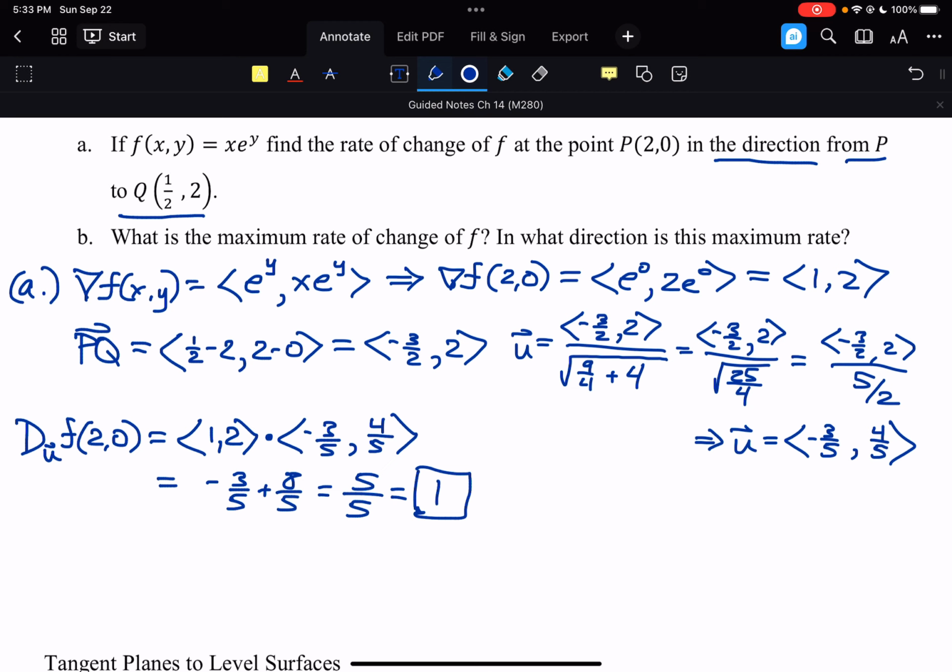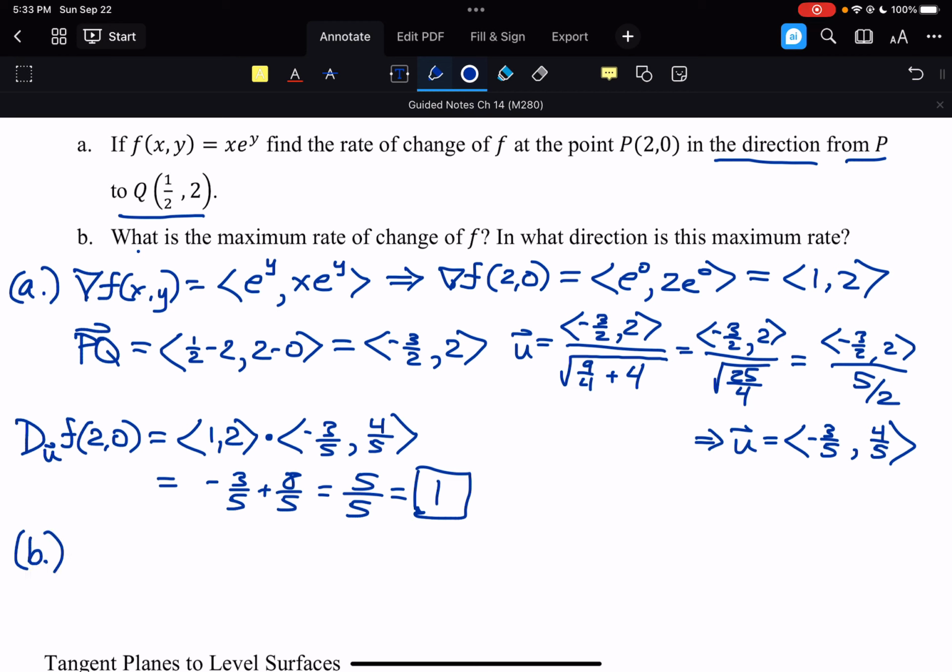So we end up just getting 1 for the value. That is the slope. So that is the rate of change of this function x e to the y at the point 2, 0 in the direction from 2, 0 to 1/2 comma 2. So that is our slope.